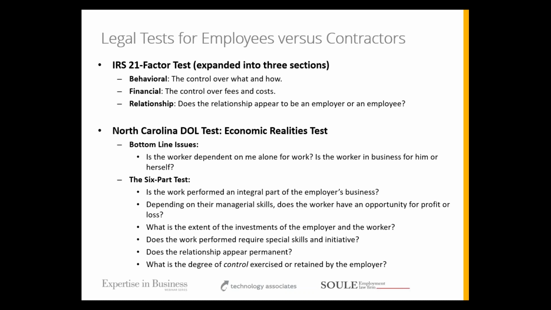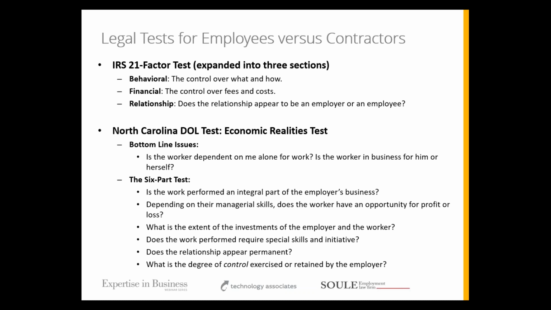And we'll talk about this a little bit more in just a few minutes, but I want to talk through the basic test. Most of you have heard of the IRS 21 factor test. This is the primary test that we think of when we talk about this issue of control.